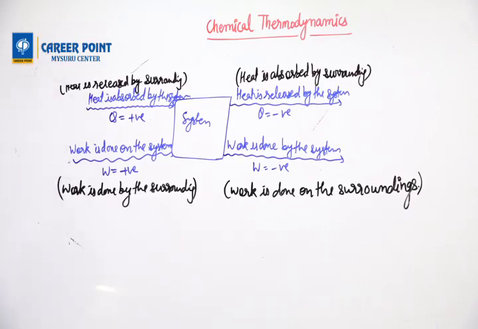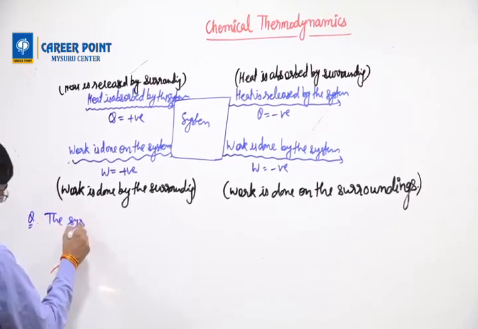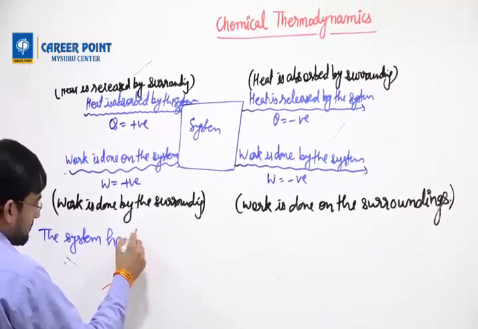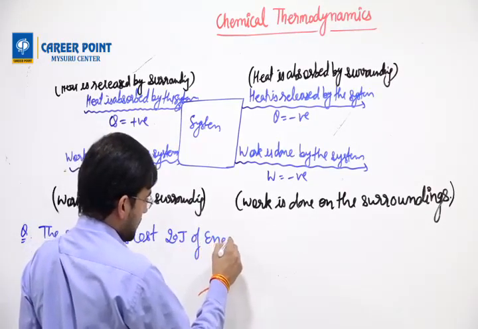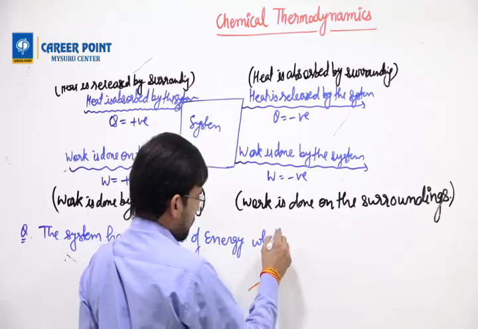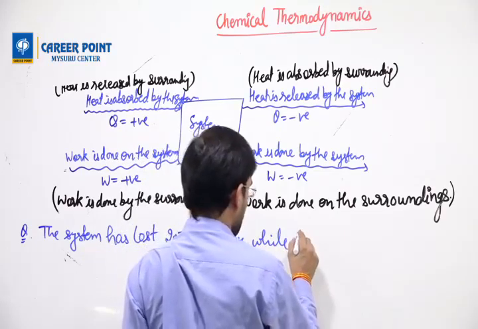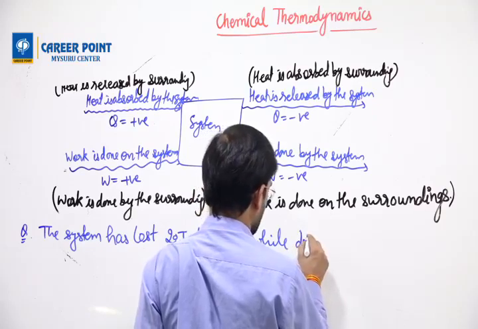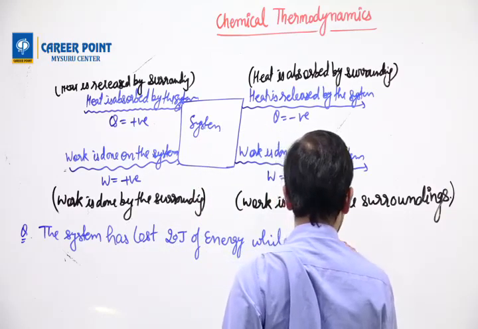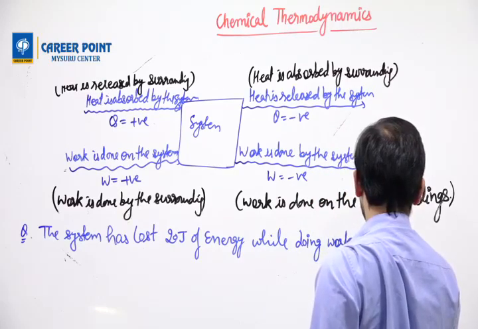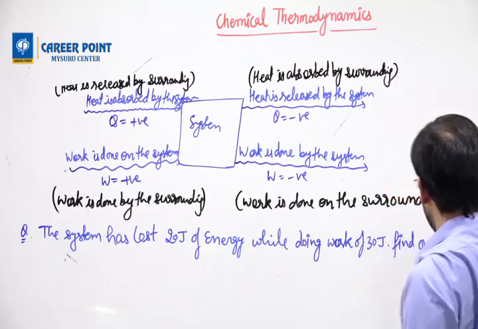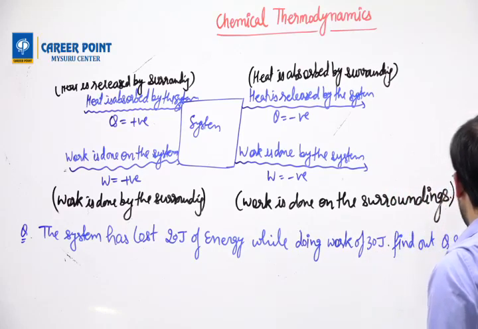Okay, so we'll write one question. We'll try to solve a question. The system has lost 20 joules of energy while doing work of 30 joules. Find out Q and W values.